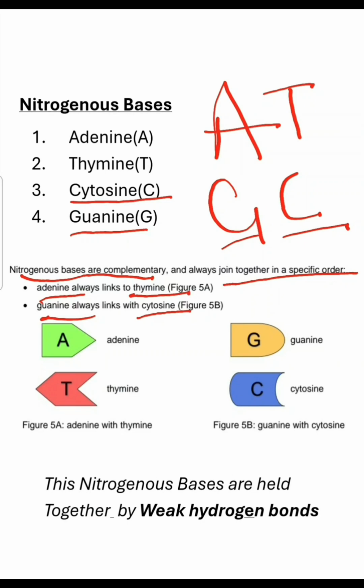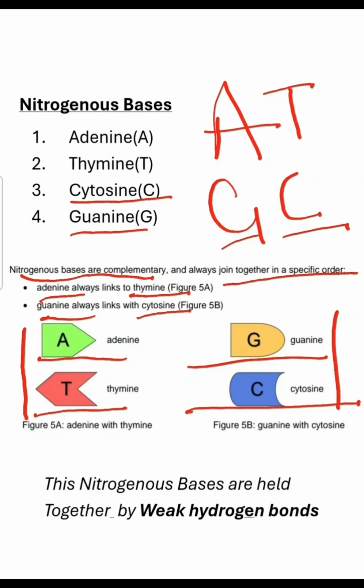One more thing that you should know is how to draw these shapes, because they'll often ask you in the exam to draw the shape of a nucleotide. If the nitrogenous base in the nucleotide is adenine, then you draw this. If it's thymine, you draw this. If it's guanine, you draw this. And if it's cytosine, then you draw this.